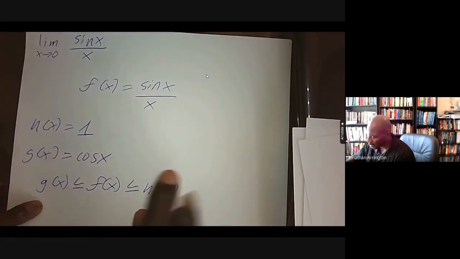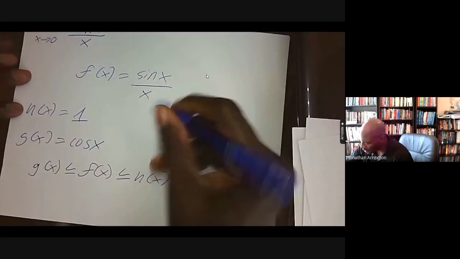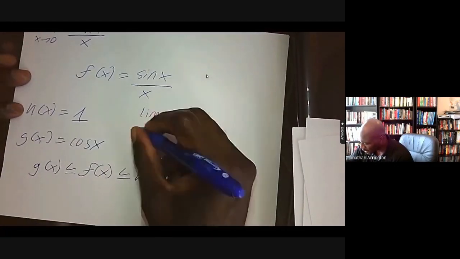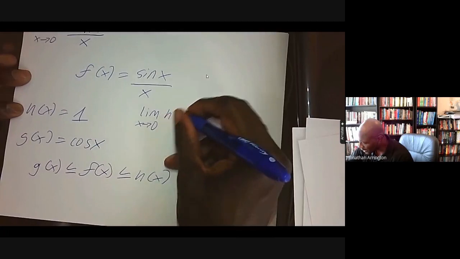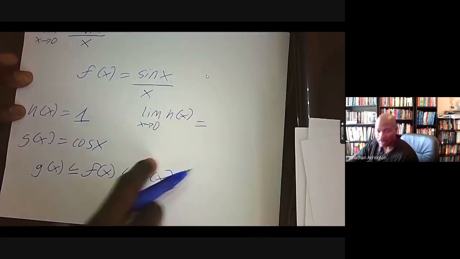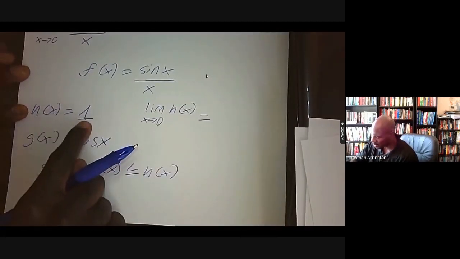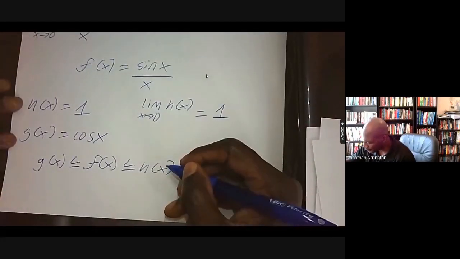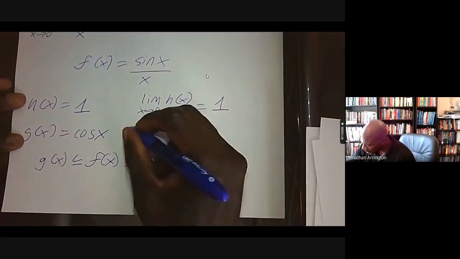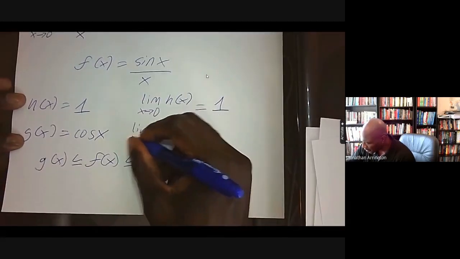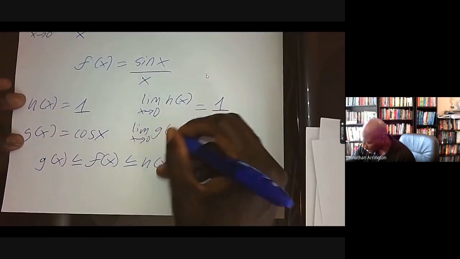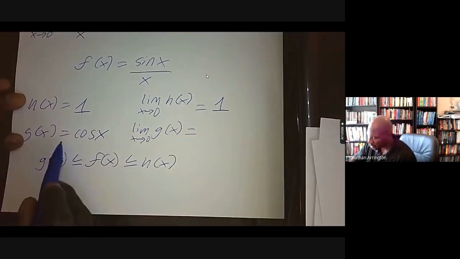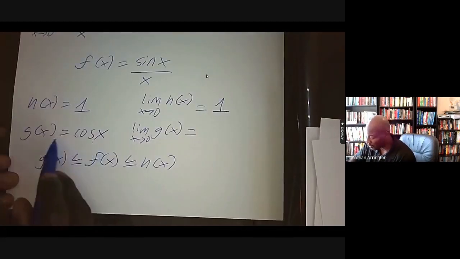So let's take a look at it. Let's look at h. The limit as x goes to 0 of h of x: h of x is just a constant, so the limit is going to be 1. The limit of a constant is that constant. Well, let's look at g. The limit as x goes to 0 of g of x. It's a trigonometric function, a well-behaved function.